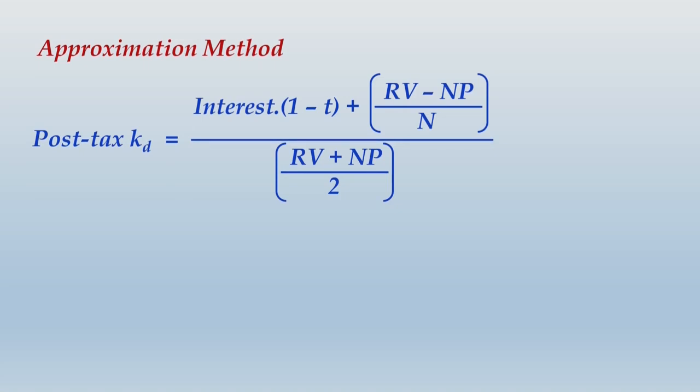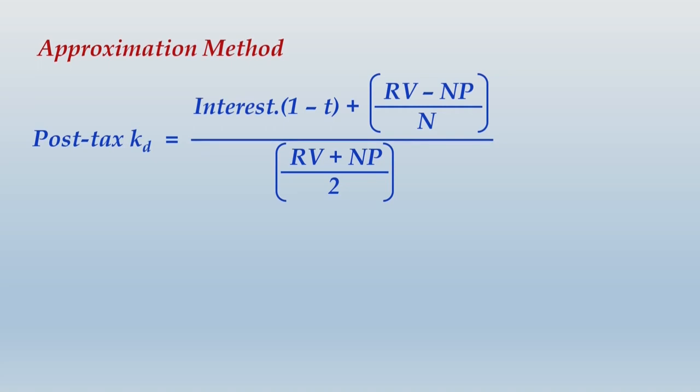So when you put it in the formula notation, it should logically be 12 lakh minus 10 lakh divided by 4 years. And when you put it in these symbols, it should be redeemable value minus net proceeds divided by the life of debt, or RV minus NP divided by N. Now this whole thing should logically be divided by one single amount. But do you notice one thing?